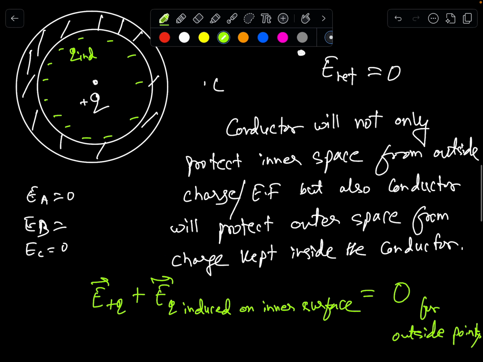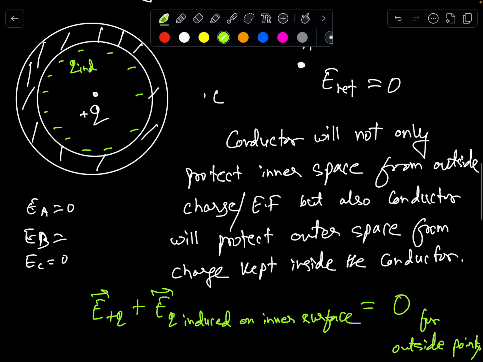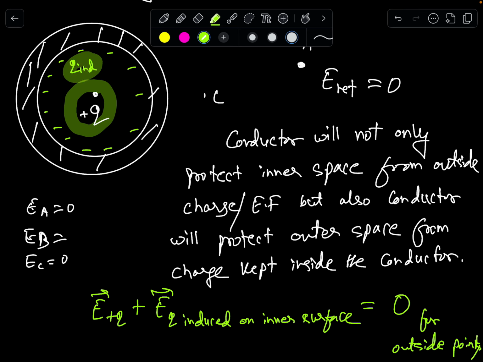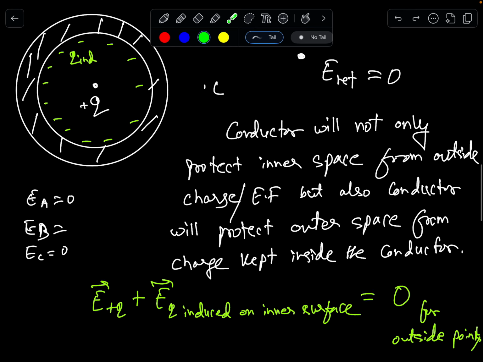Okay, so for outside points the net electric field will be 0, but this is happening only because of, pay attention to what I am telling: the electric field due to this plus Q charge and the electric field due to the Q induced on the inner surface. Now there will be one more induced charge because of charge conservation.